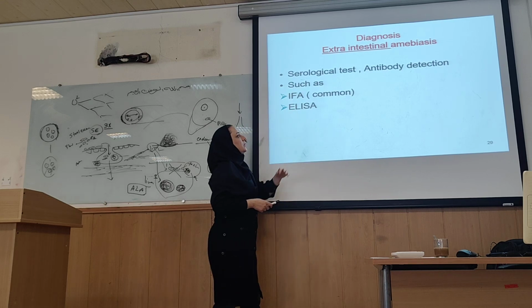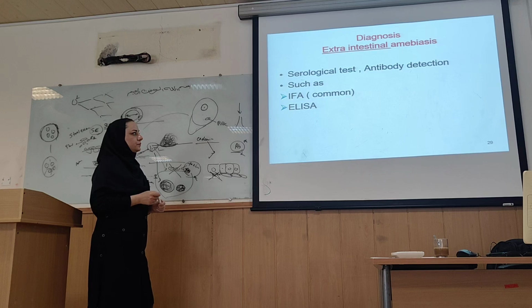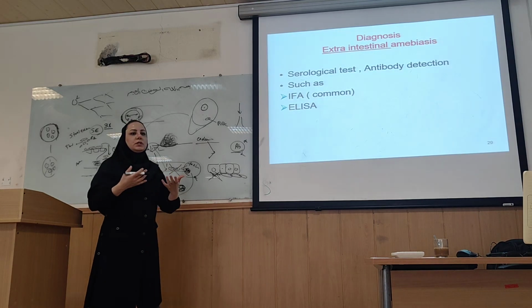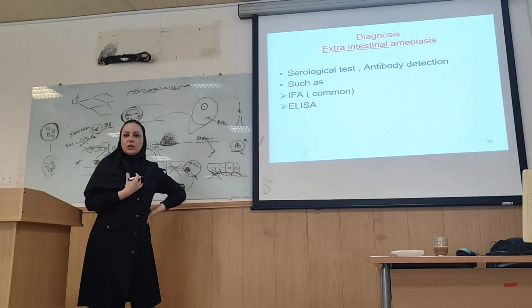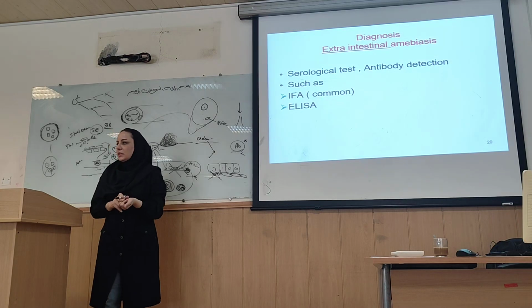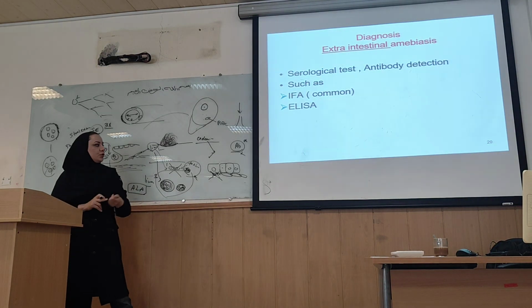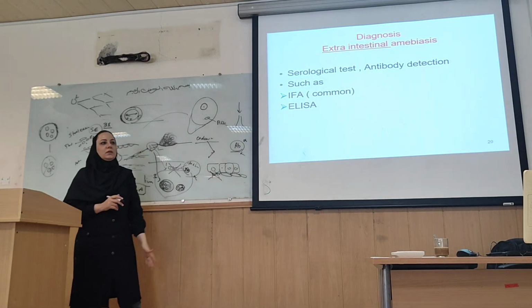So memorize the serological test. Because histolytica is extraintestinal, we should use paraclinical tests, CT scan, sonography, and after that, if you suspect histolytica, you should ask for antibody detection for histolytica.